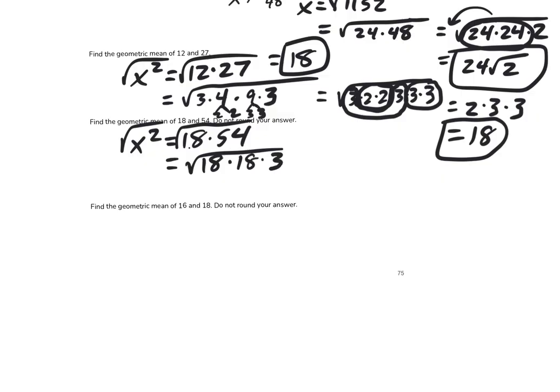The reason I'm not going to break it all the way down into prime factorization is because right here, do I have pairs? Yes, it's a lot quicker, right? If you can find pairs right here, you don't need to keep going down. I have a pair of 18s right now. And so the 18s are going to come on the outside. 3 is going to stay on the inside. And that's my answer.